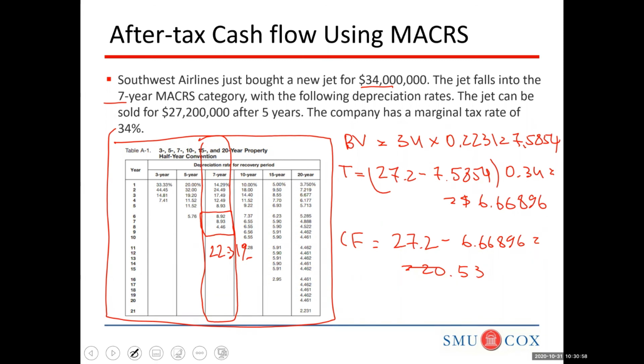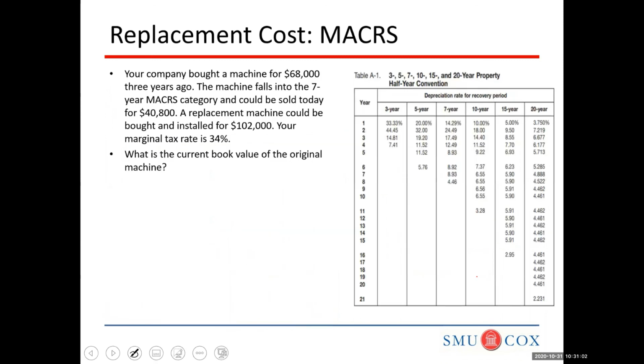Does that make sense? All right. The next one is very similar. We'll fly through it quickly.